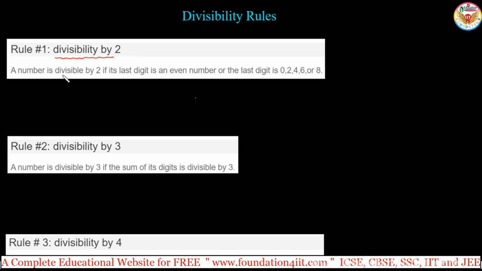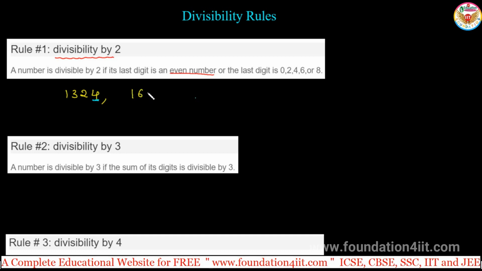As we discussed previously, a number is divisible by 2 if its last digit is an even number. Even digits are 0, 2, 4, 6, 8. The last digit must be 0, 2, 4, 6 or 8. Let's take 1324. This is exactly divisible by 2 because the units place is an even digit.